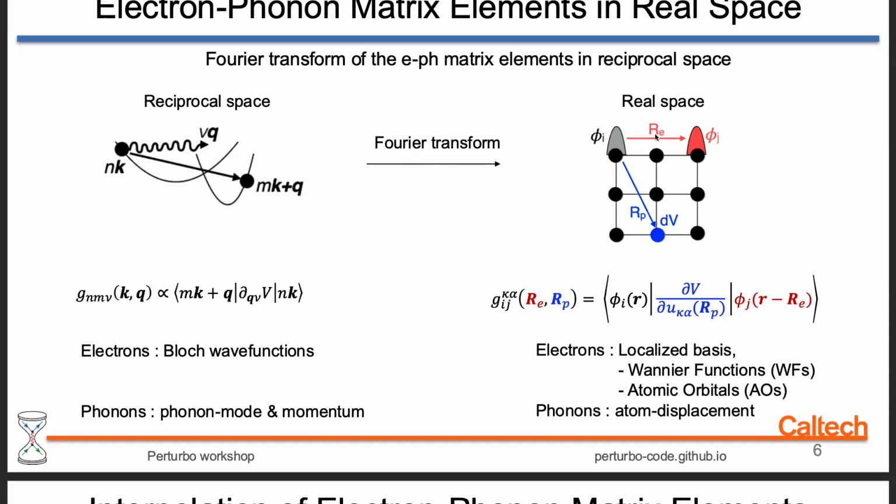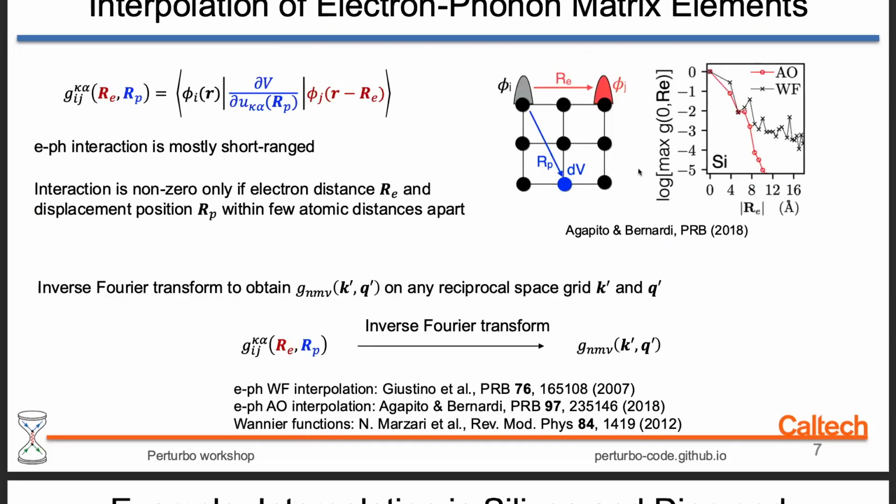These are then defined by the index of the orbitals, the atom, and the distances between the three different sites. The good thing about this real space representation is that, for the most part, it's short ranged.